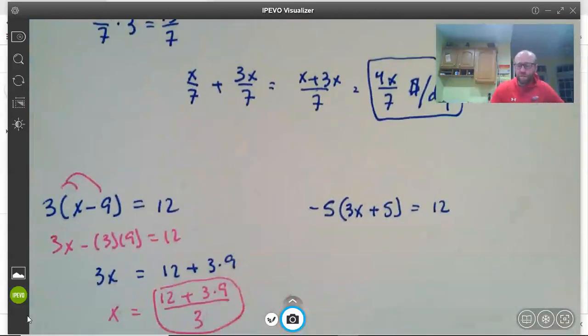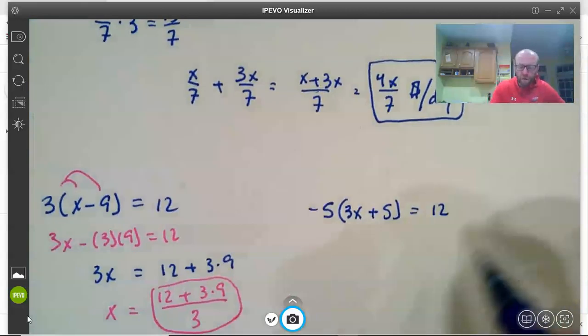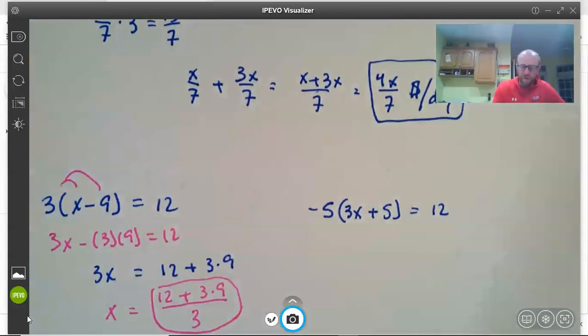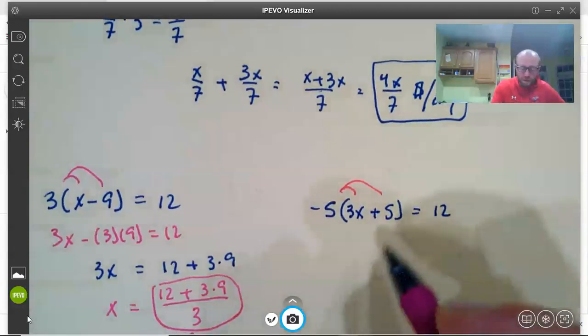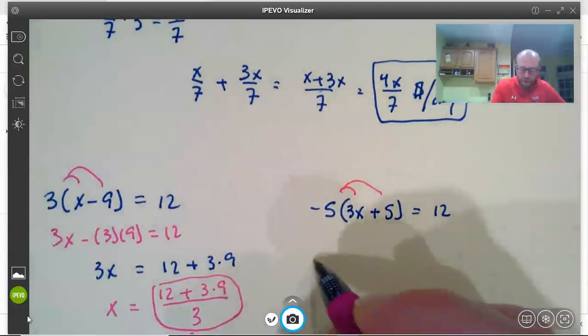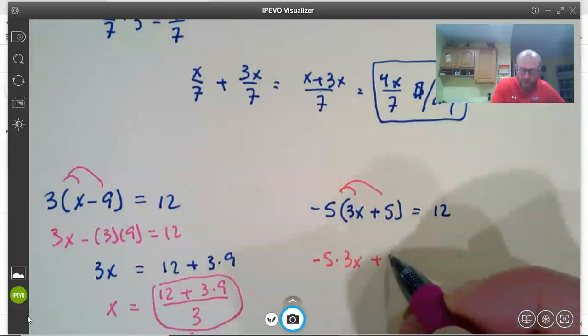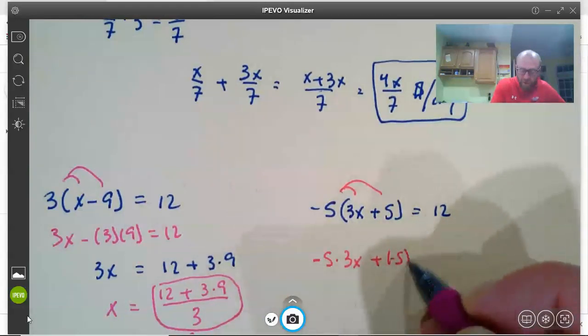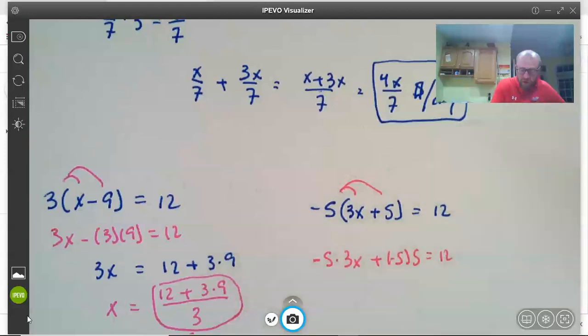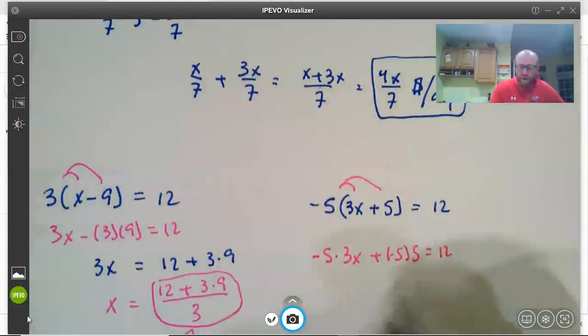All right, this one over here. So we'll do the distributive property method first. So let's see. That gives us negative 5 times 3x plus negative 5 times 5 equals 12. And I'll subtract over here.